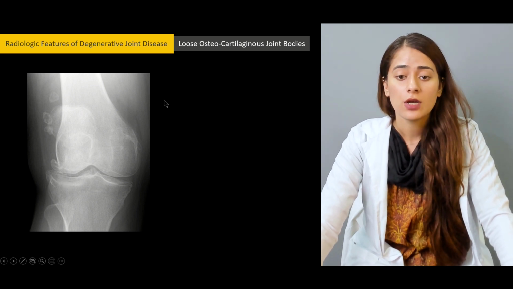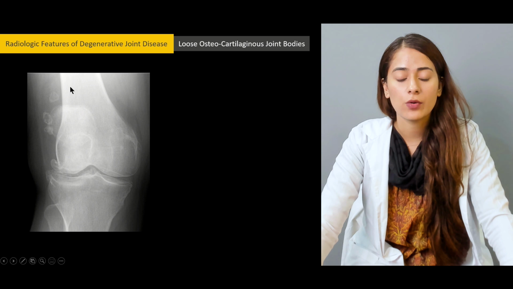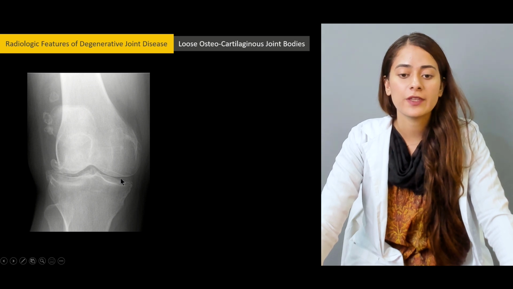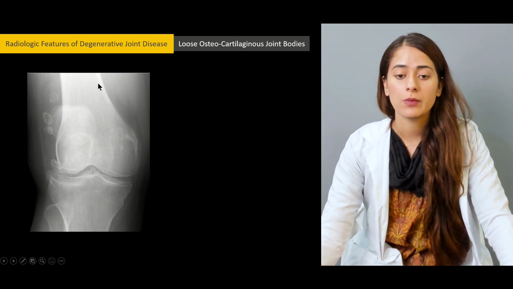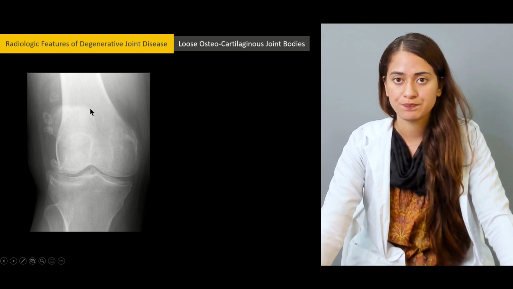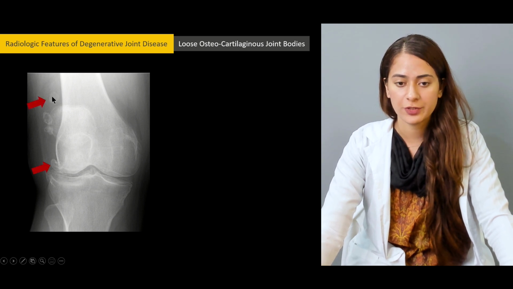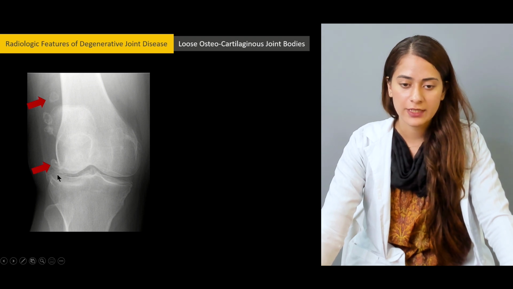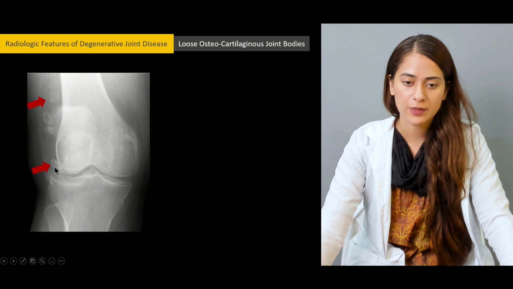So these are just osteocartilaginous bodies that are not continuous with any bone, but are present in proximity of any joint surface or any bone. So these are present here, here, here, and this one is actually in the joint capsule.